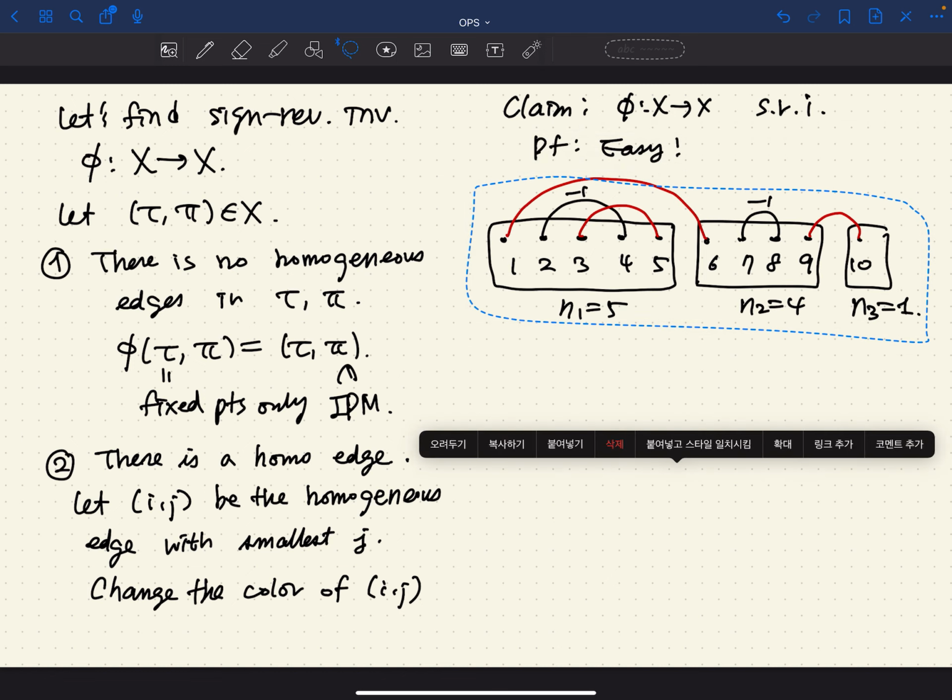What about A4? This is not properly decorated because it's a cycle of length 2 not decorated. So this is always not properly decorated. But here sometimes you have properly decorated, sometimes not properly decorated. But when is this properly decorated and when is it not properly decorated?